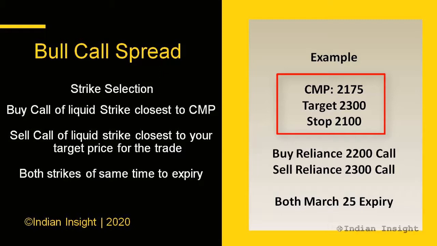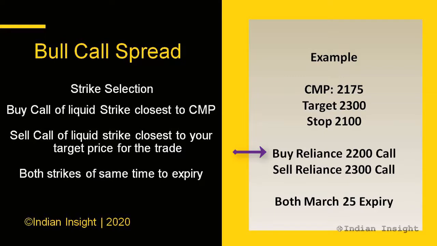In this case, you can buy a call for a strike closest to the current market price, provided there is enough liquidity for that strike price. So for example, the 2200 strike call option is pretty liquid in case of Reliance, and it is also the nearest strike to the current market price, so we can go long the 2200 strike call option. This will be the first leg of our bull call spread.